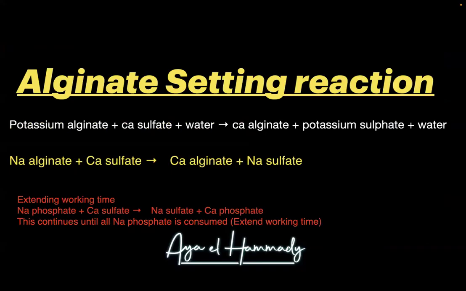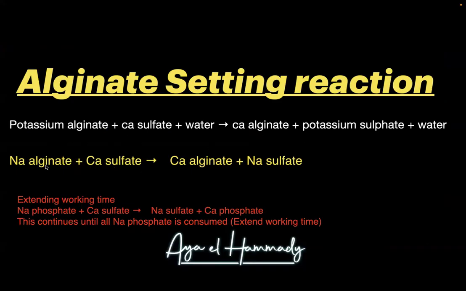What are the components of the alginate setting material? It will be potassium alginate, calcium sulfate, and water. This is the border. It gives me calcium alginate, potassium sulfate, and water. It will release water.